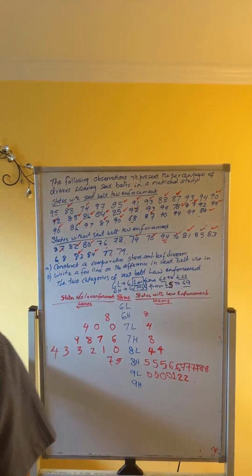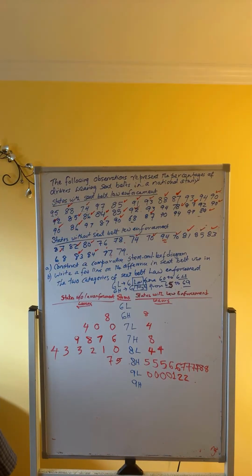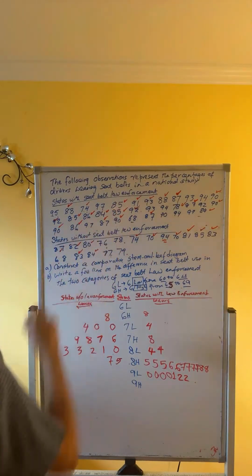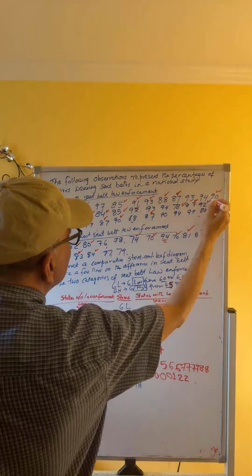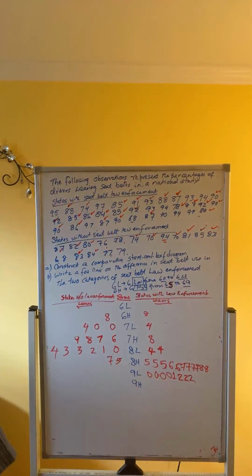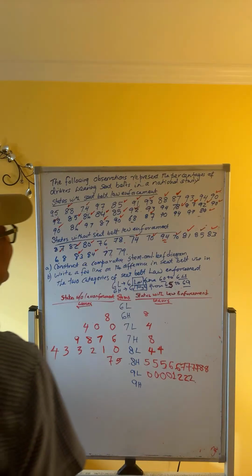Any more 92s? Let's see if we missed any more 92s. We got 2. Actually there is 3. 3 92s. That's why 2 appears 3 times in 9 low.